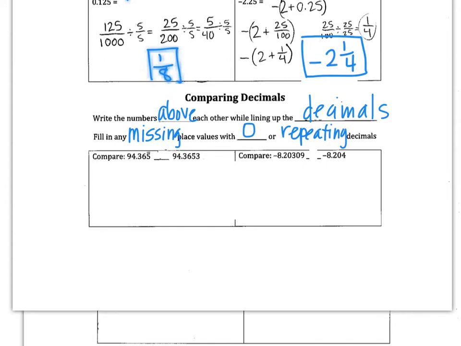So the first one, we are going to compare 94.365, and right above there is a repeating bar, and this is 94.3653. So let's go ahead and rewrite those, and it will help us to compare.